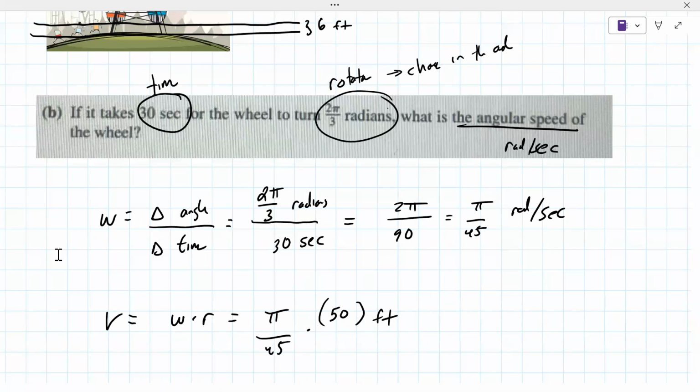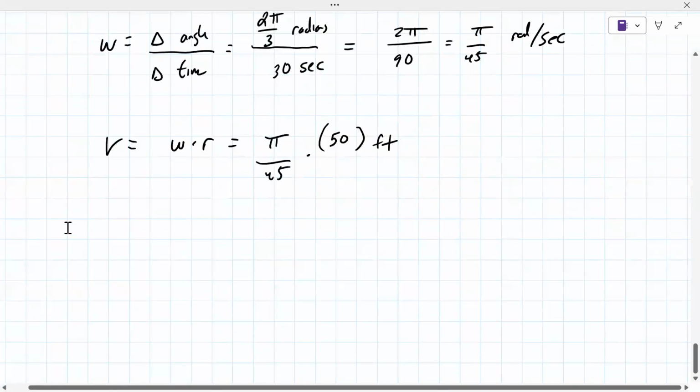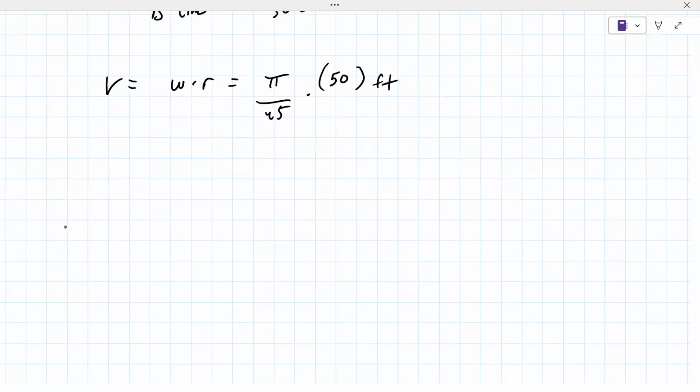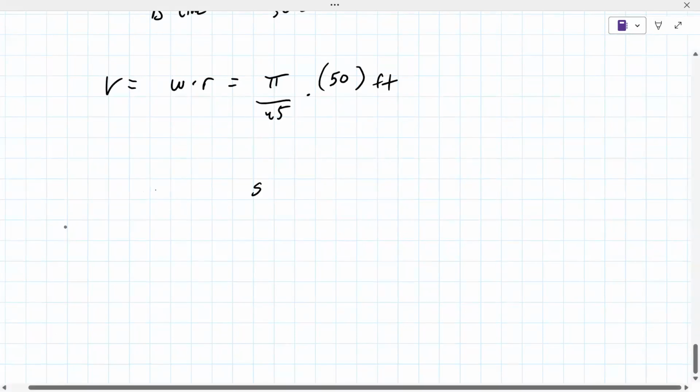Is there a difference between angular speed and angular velocity? In your class, no, but in the real world, yes. The difference comes down to speed versus velocity, which I think is worth a brief discussion.